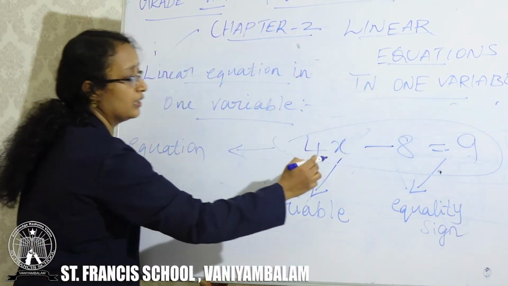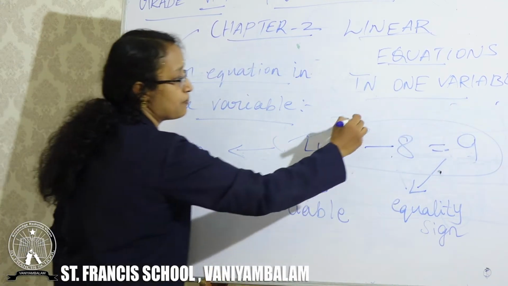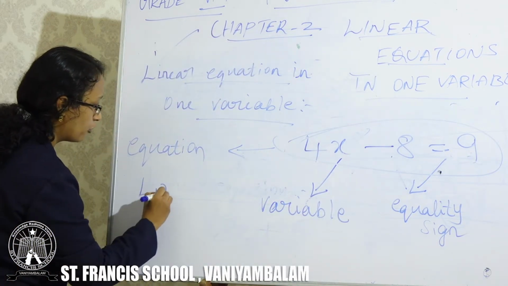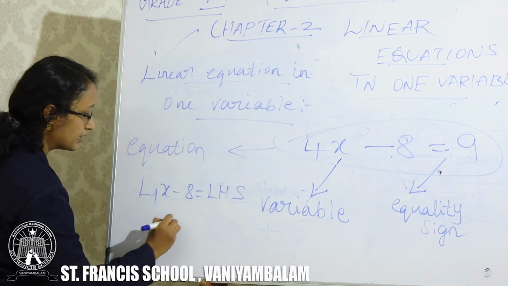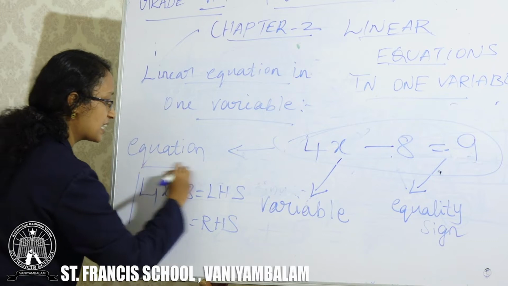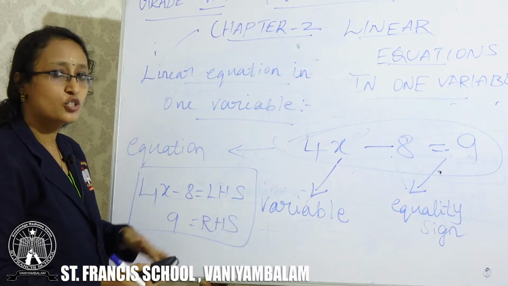And here, what are 4x minus 8 and 9? 4x minus 8 is your LHS, and 9 is your RHS. What are LHS and RHS? Left hand side and right hand side.